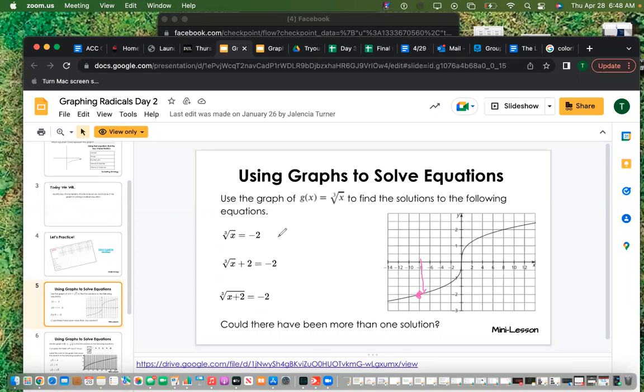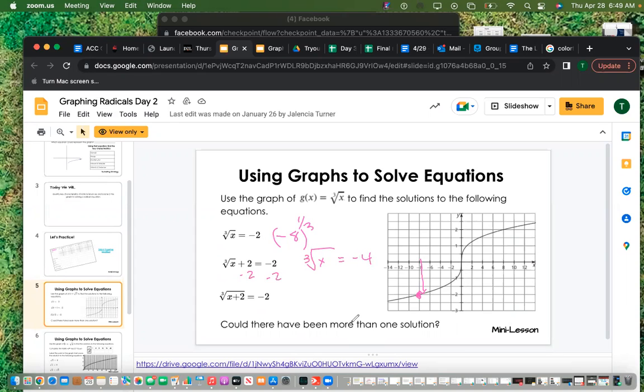Well, that's -8. When you take -8 and raise it to the 1/3 power, that's going to give you -2. So we can actually solve using the graphs. If I subtracted 2 from this side, I would get -4.